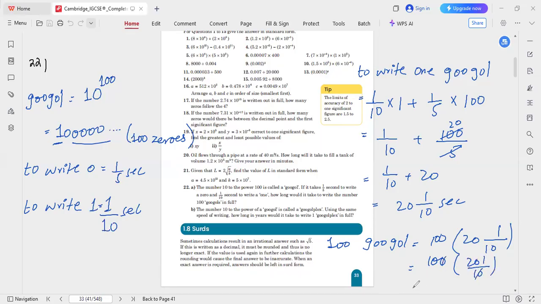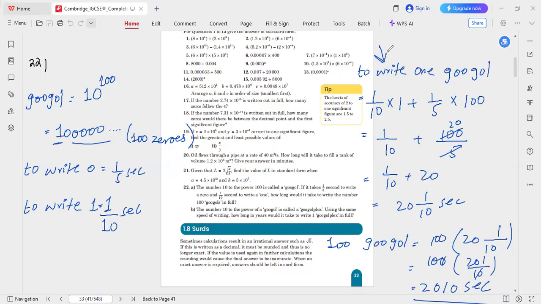Cancelling the zeros, we have 2010 seconds. So it takes basically 2010 seconds to write a complete 100 Googles in full. This is the way to find out how much time it will take, according to the condition that you first find how much time it takes to write one Google in full.